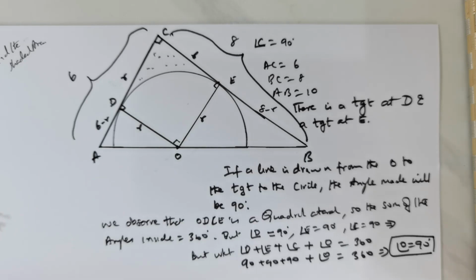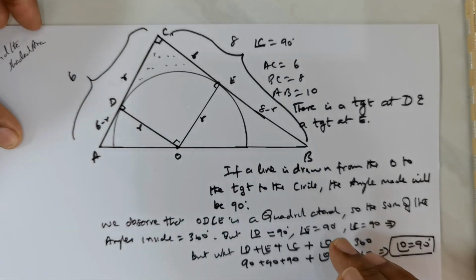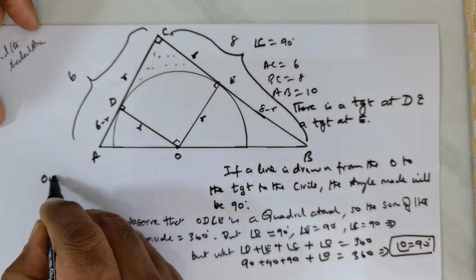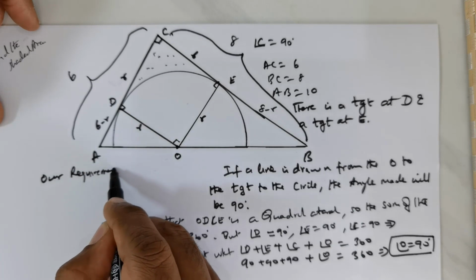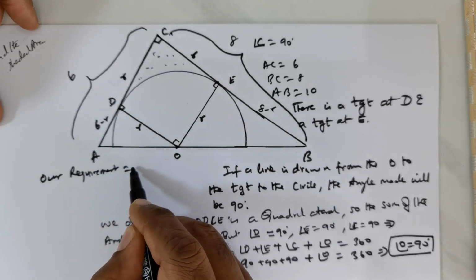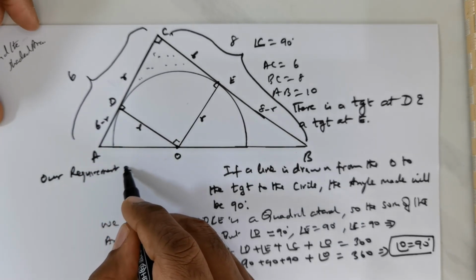One is by way of geometry, the other is by way of algebra. So you can pick the way that you want. Okay, so I mentioned that our objective, our requirement, is to find R.